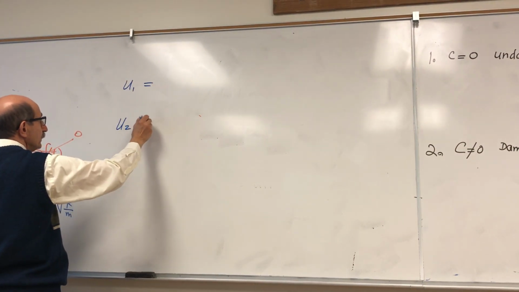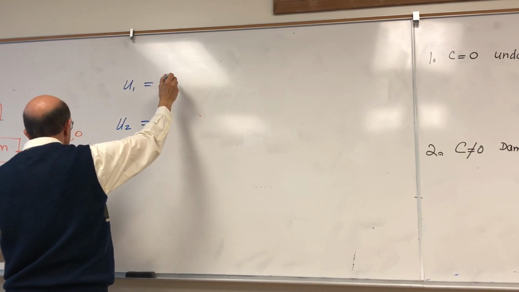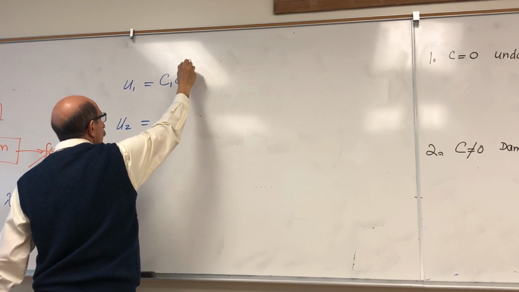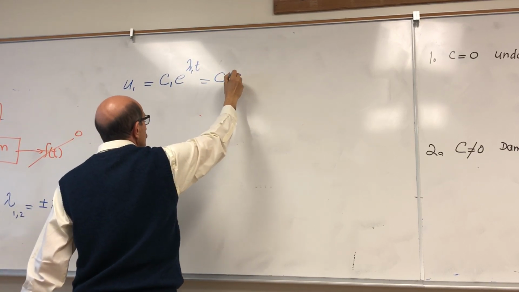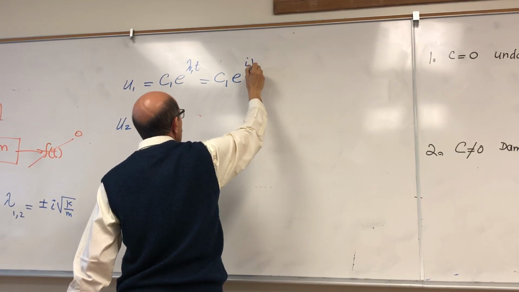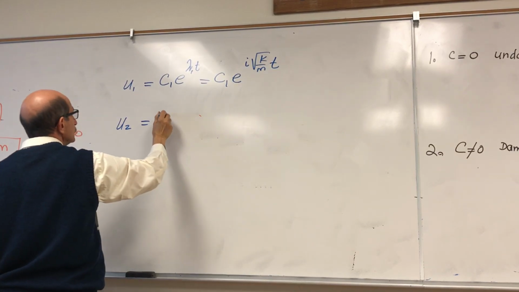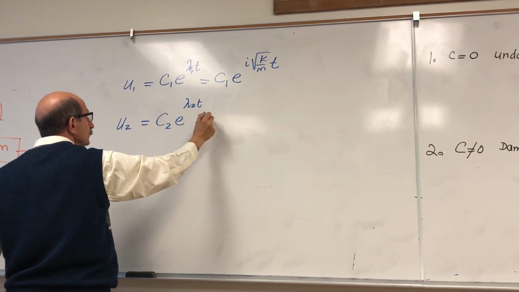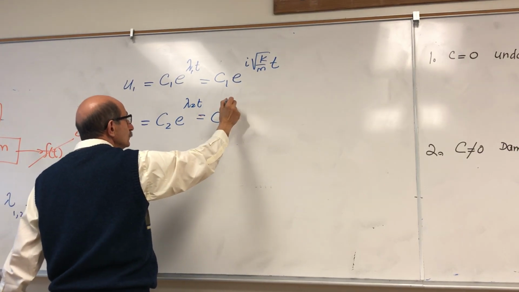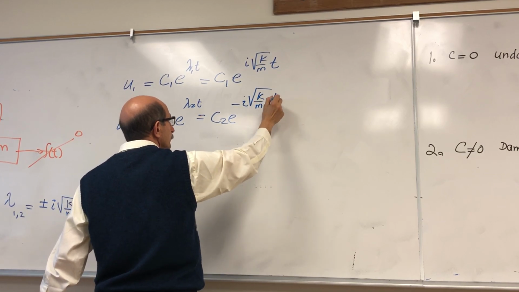U1 is a constant C1 times e to the lambda 1 t, or C1 e to the i square root of k over m t, and U2 is C2 times e to the lambda 2 t, or C2 e to the minus i square root of k over m t.